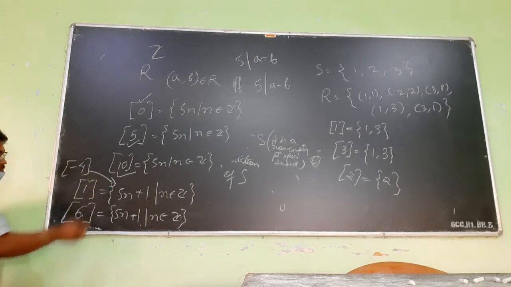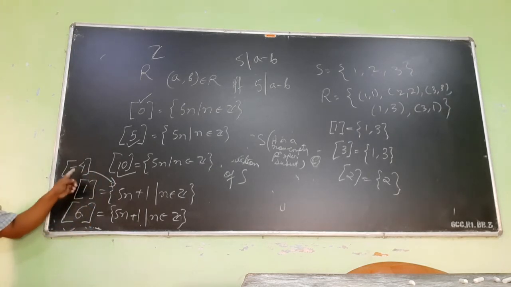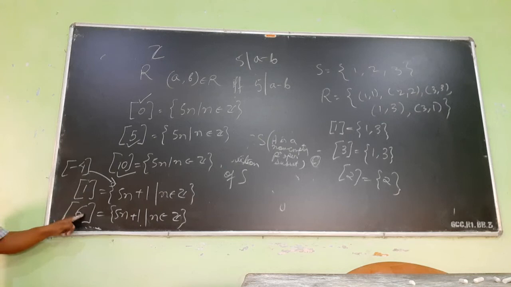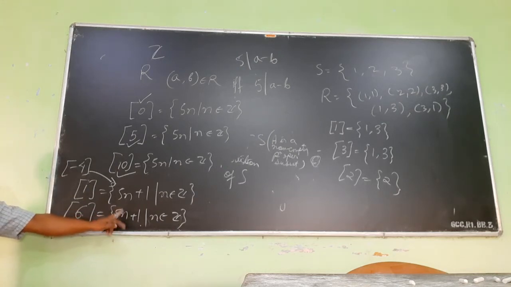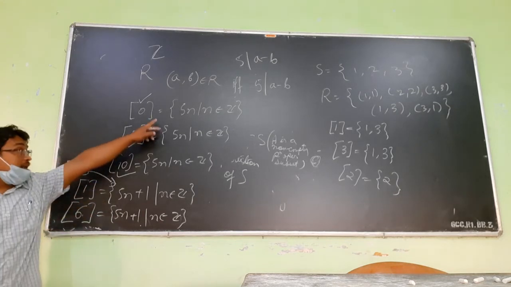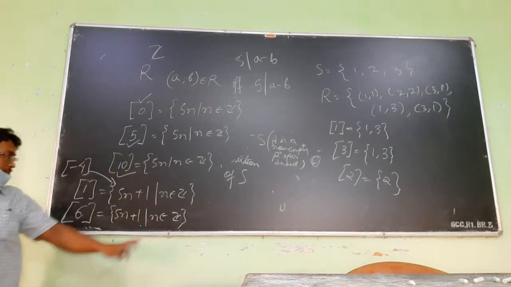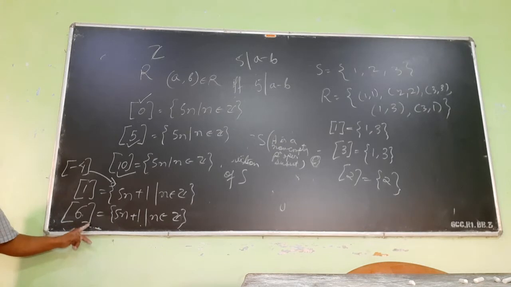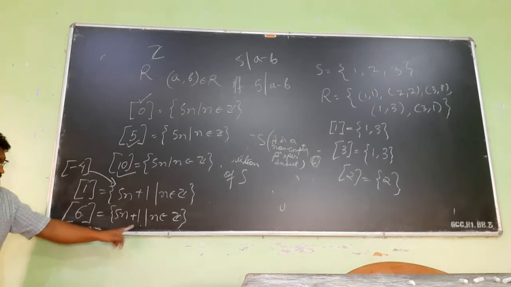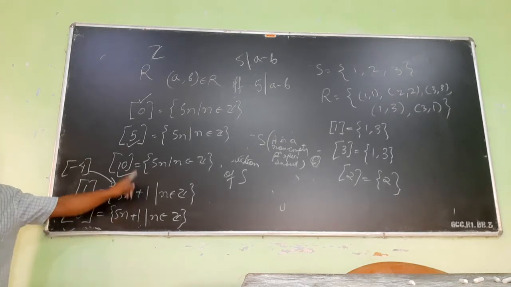So any number which, when divided by 5, leaves the remainder 1 is a representative of this class. Here, any multiple of 5 is a representative; there, any number which gives the remainder 1 when divided by 5 is a representative.